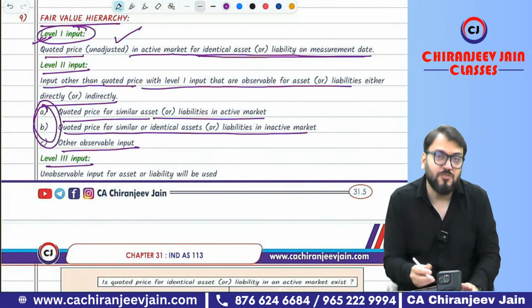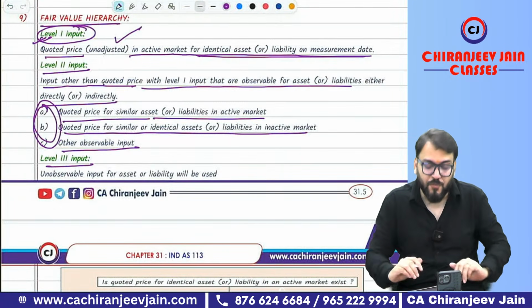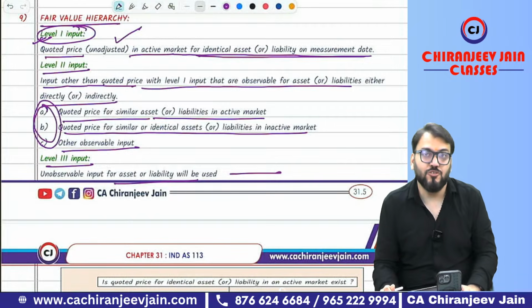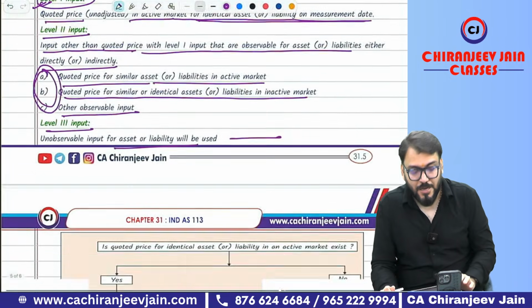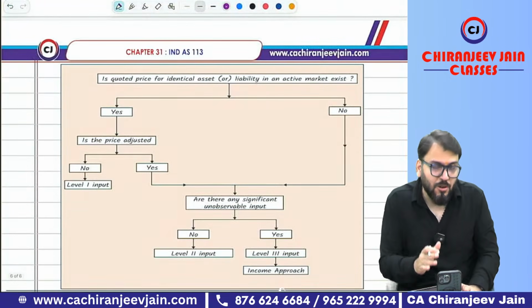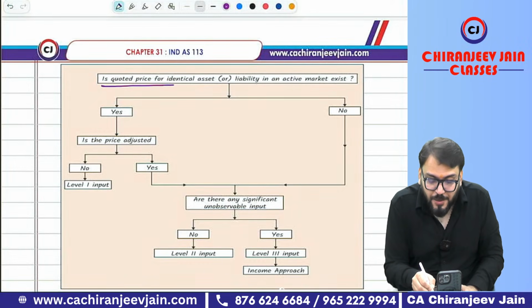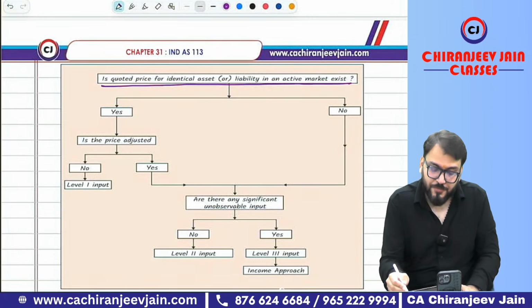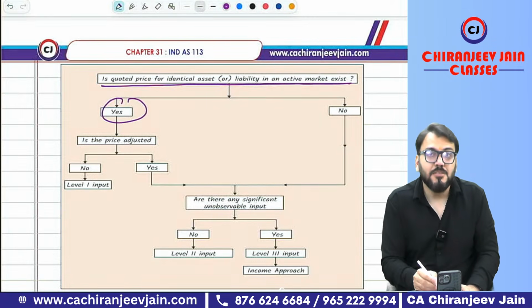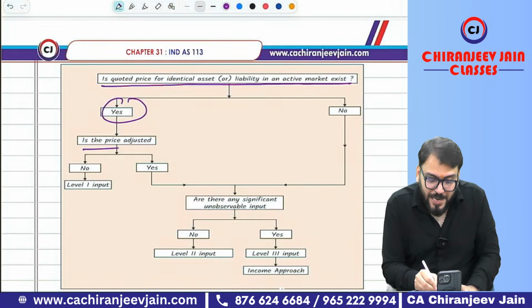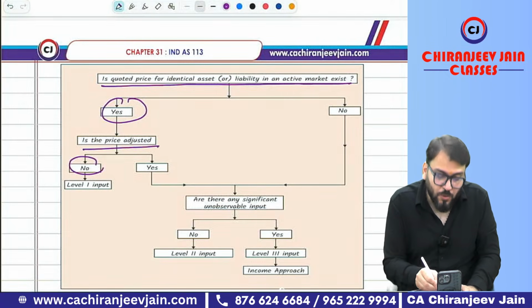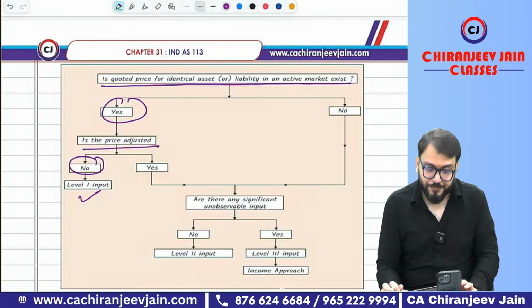Level 3 input means we use unobservable information, means we use income approach. Understood? Whenever you are doing fair valuation, first you should ask one question: does a quoted price of identical asset or liability in an active market exist? If yes, then ask one more question: does the price require adjustment? If no, then it becomes level 1 input.